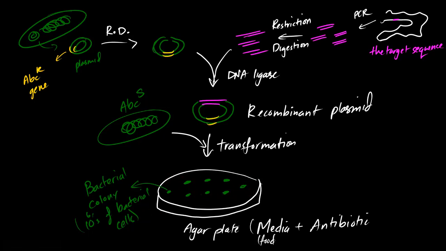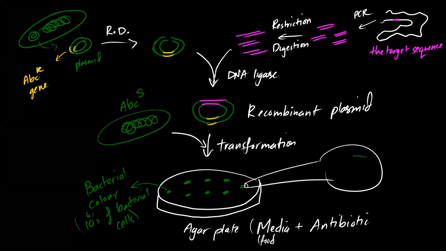If we zoom in and look at one bacterial cell, the bacterial cell will contain the plasmid. It might also contain my fragment, but it must also contain the gene.